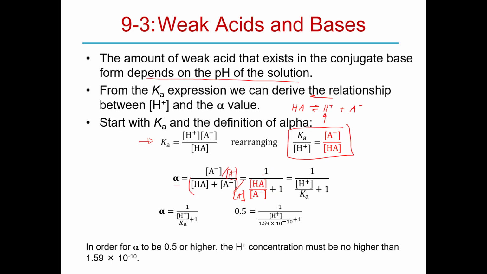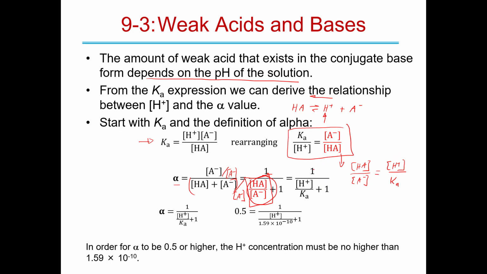And that gives us this expression. We remember from up here that Ka divided by H+ is equal to A- over HA. So this bit right here is just the inverse of this. HA over A- is equal to H+ over Ka. And so we can substitute in here for this bit the stuff on the right-hand side of this equation, and we get this equation.